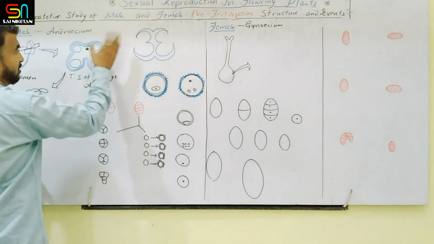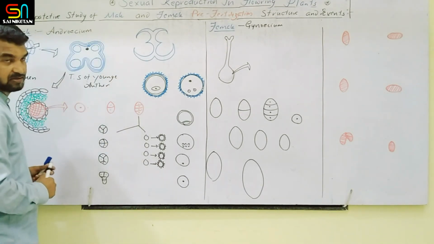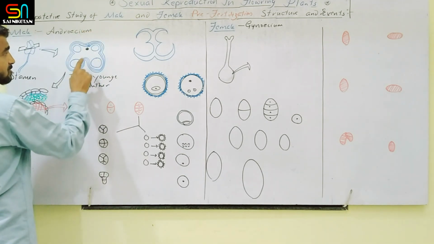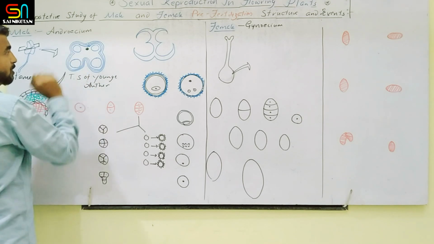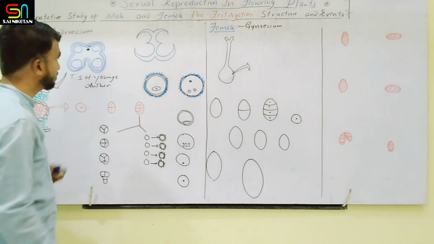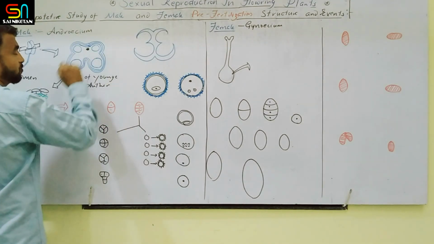Clear? Each lobe is dithecous. In each lobe, 2 microsporangia are there. That's why it is bilobed and dithecous, and due to the presence of these 4 microsporangia, it is tetrasporangiate. So in the center, 4 microsporangia are there.